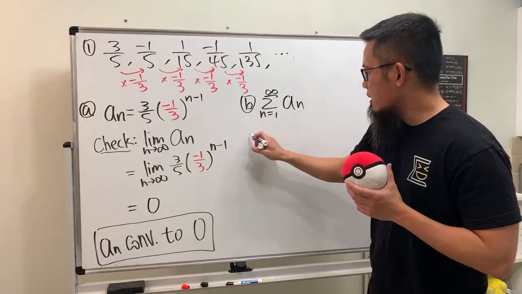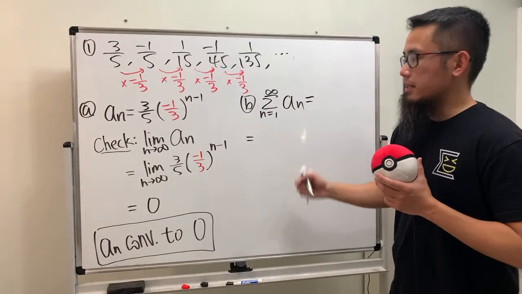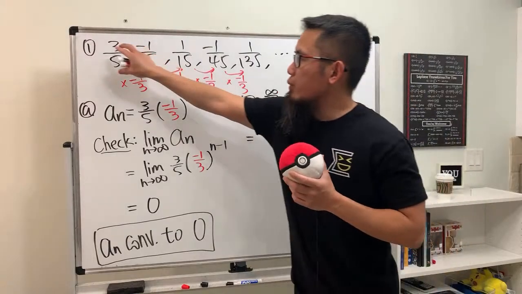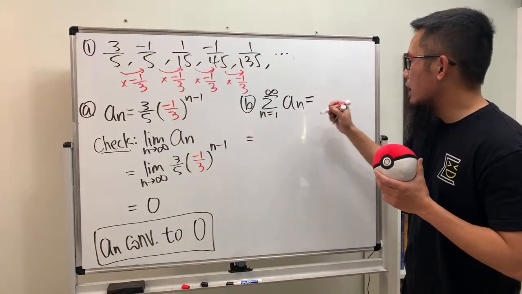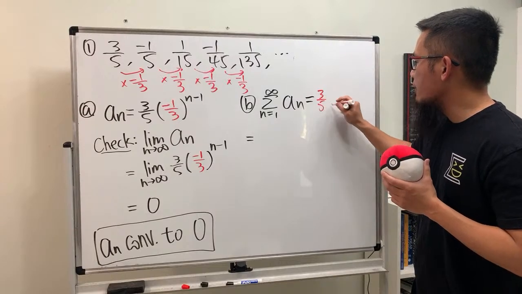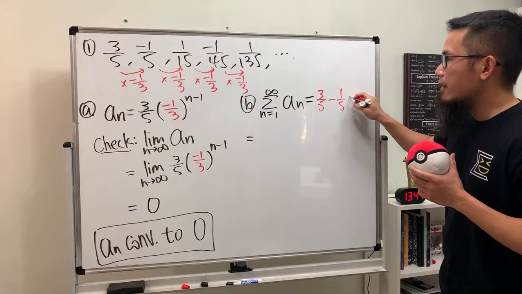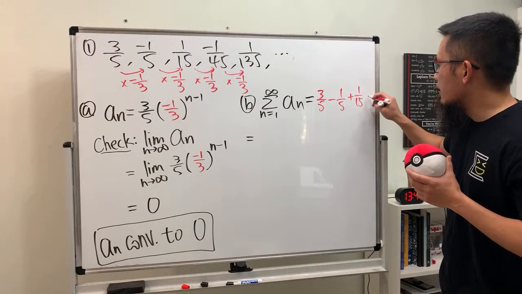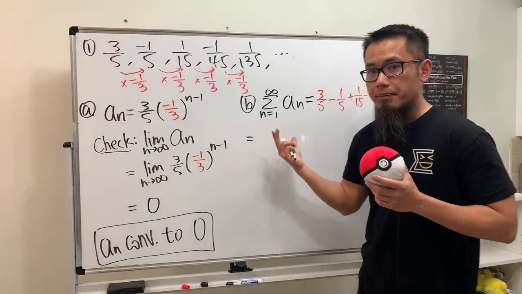The series means we are going to look at all the terms and add them up. So it will look like we are going to add 3/5, and then minus 1/5, and then plus 1/15, and minus, and so on, so on, so on. So that's what the question is asking, right?